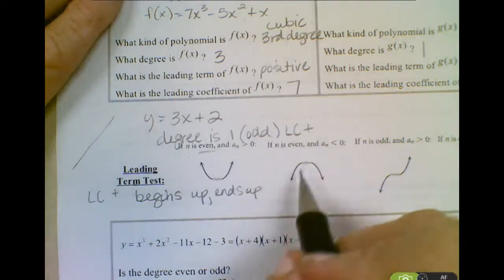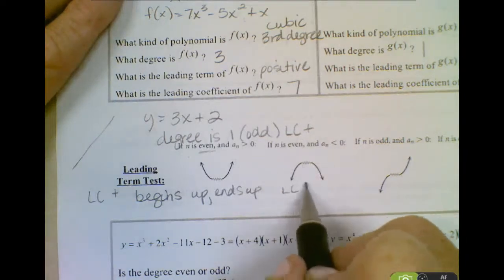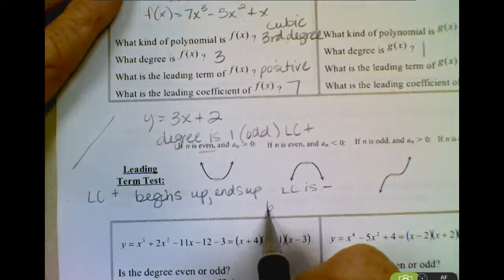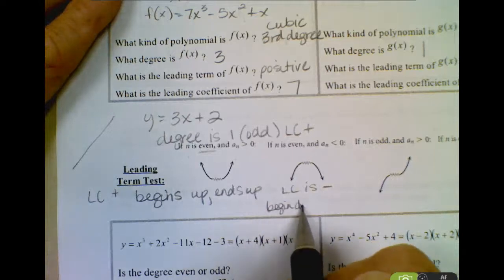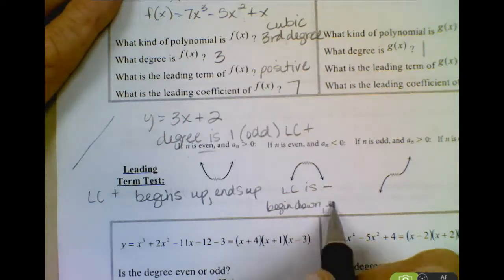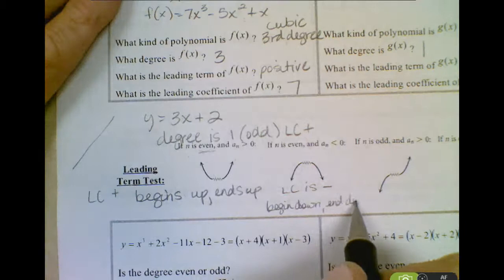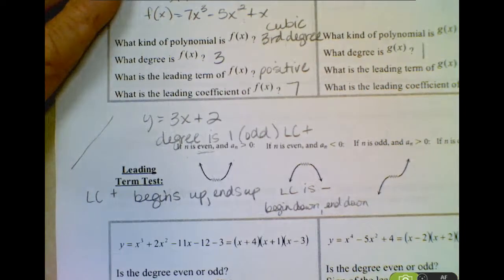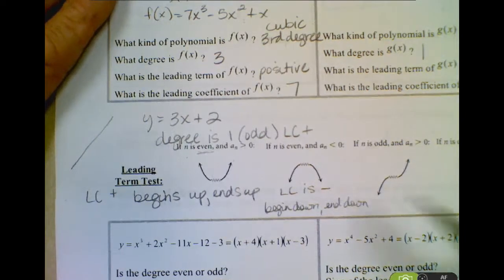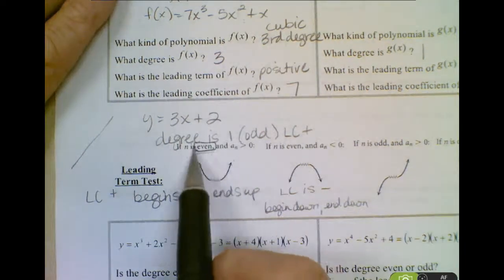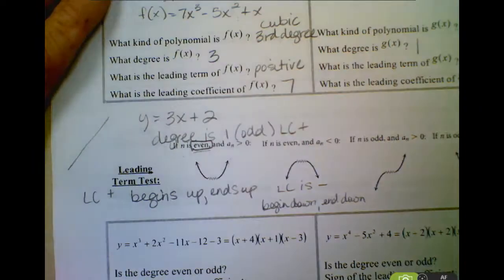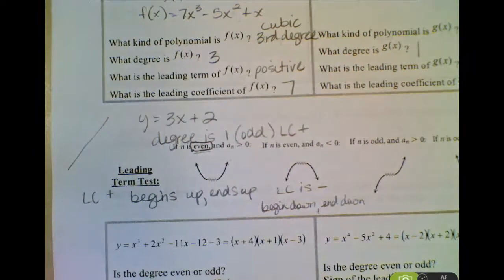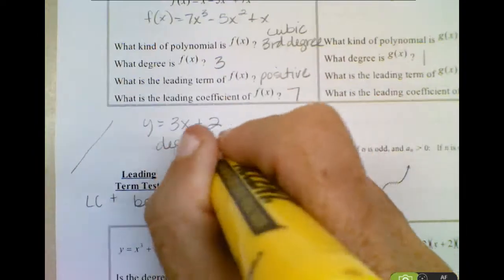If the leading coefficient is less than 0, negative, it's going to begin down and end down. And that's for any even degree polynomial.